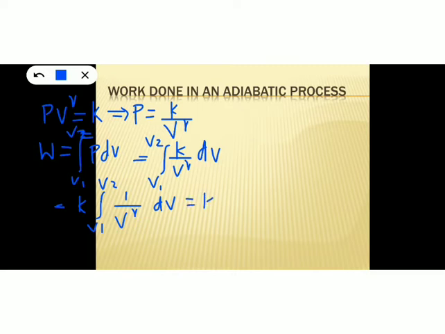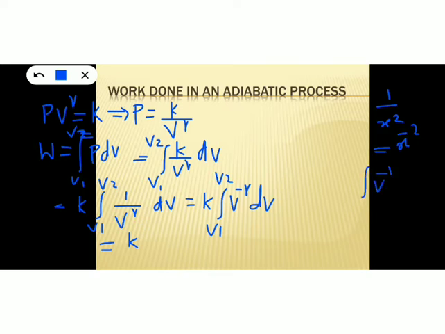Equal to K into integral V1 to V2, 1 by V raised to gamma can be written as V raised to minus gamma, isn't it? Just change the sign of the power. You know that 1 by x square can be written as x raised to minus 2. Similarly, 1 by V raised to gamma can be written as V raised to minus gamma into dV. So equal to K into integral of V raised to minus gamma.